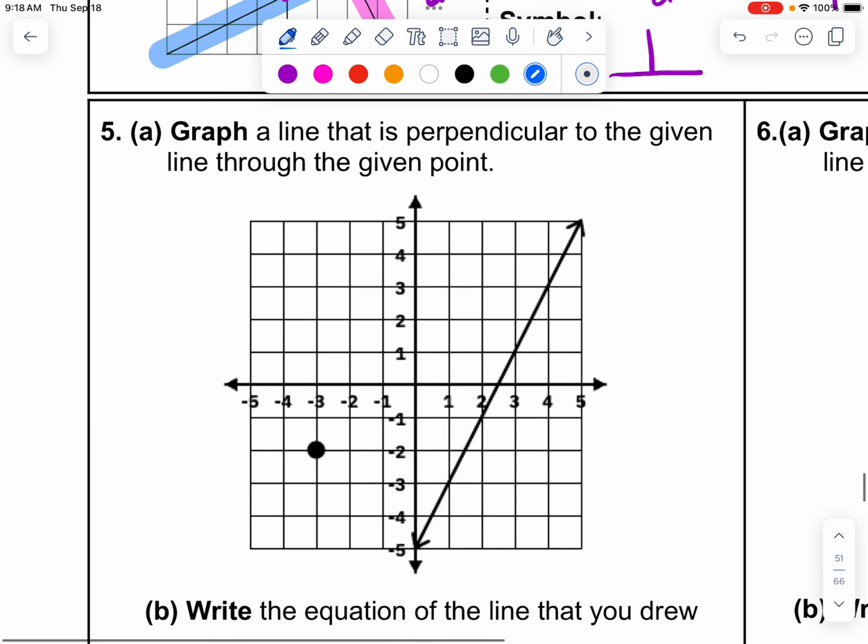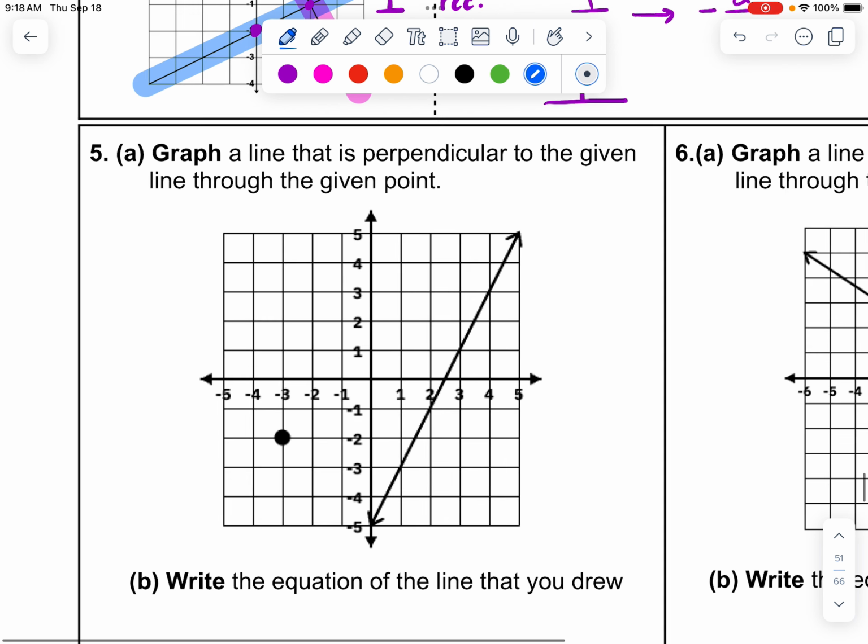Now, one of the things I might ask you to do is graph a line that is perpendicular to a line that I give you. For example, this line right here has a slope, if I find the nice points, of up 2 over 1. In order to graph the perpendicular line, I'm going to need to figure out the opposite reciprocal.